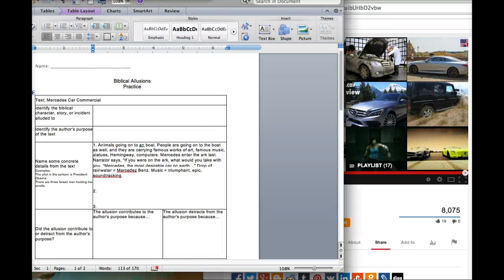And so obviously, what is the story alluded to? Noah's Ark. Okay, and then you go look up the scripture. And then what's the purpose of Noah's Ark?